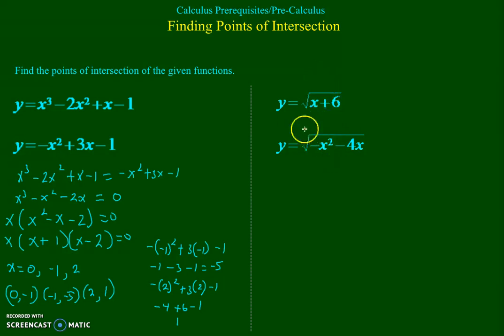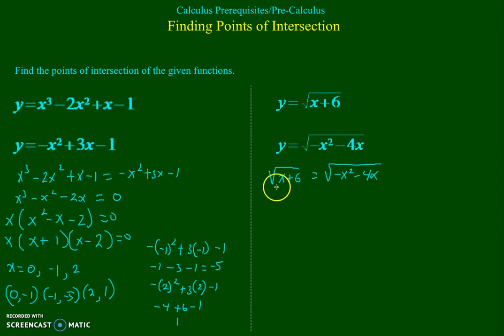The way we do this is the same way we do this. Set these equal to each other because at their points of intersection, these y values are going to be the same. So let's go ahead and set them equal. So we have square root of x plus 6 equals square root of negative x squared minus 4x.